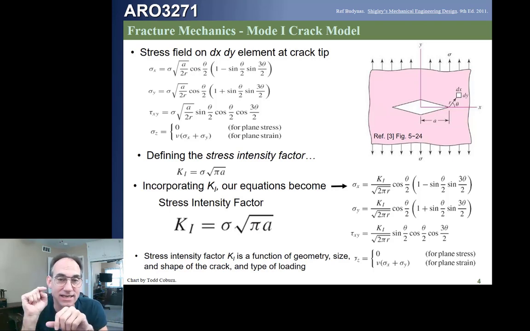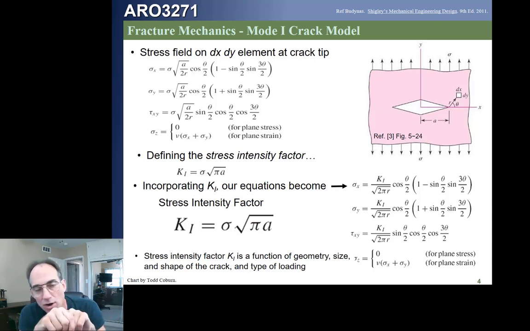It is the stress intensity, yes, but what the little 1 is drawing our attention to is the fact that this is a mode 1 crack. Remember, we're only going to be doing mode 1 crack, but when you say K1, you're saying that that's a mode 1 crack or an opening crack. We're defining that stress intensity factor as the Farfield stress sigma times the square root of pi a.